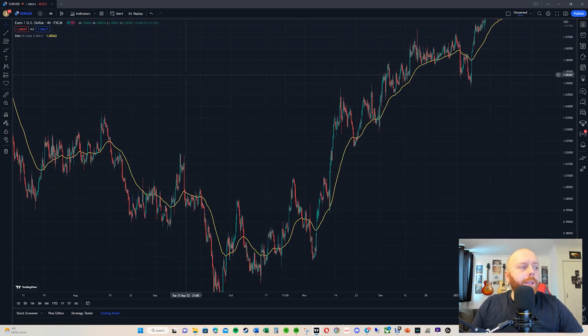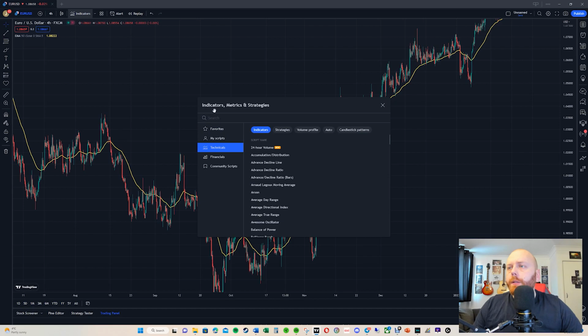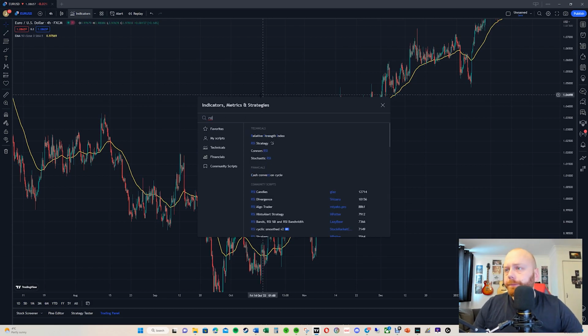Now, the next indicator I want to talk to you about is something that we call the RSI. The RSI stands for Relative Strength Index. If I go back into our indicator list, so we come in the box here, click on Technicals, and I'm going to search for RSI.